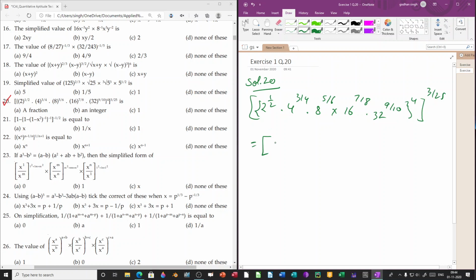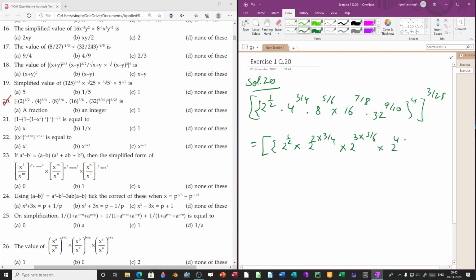So 2 raised to 1 by 2 into, we'll write all this in the simplest form. So 4 can be written as 2 square. So we will be getting here 2 square into 3 by 4, and 8 can be written as 2 cube. So we will be getting into 2 cube, 2 raised to 3 into 5 by 6, because we know that a raised to m raised to n is a raised to mn, into 16 can be written as 2 raised to 4.